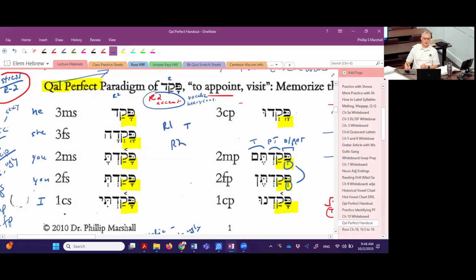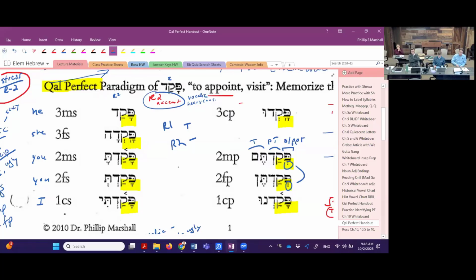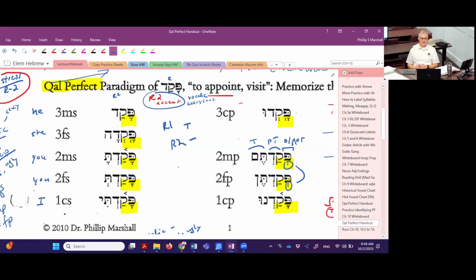What does root 2 want by default here? Yeah, what's that vowel called? Anyone? Patah. Patah. That's right. In other words, I get long A, short A by default, right? A, and then the A with no macron.